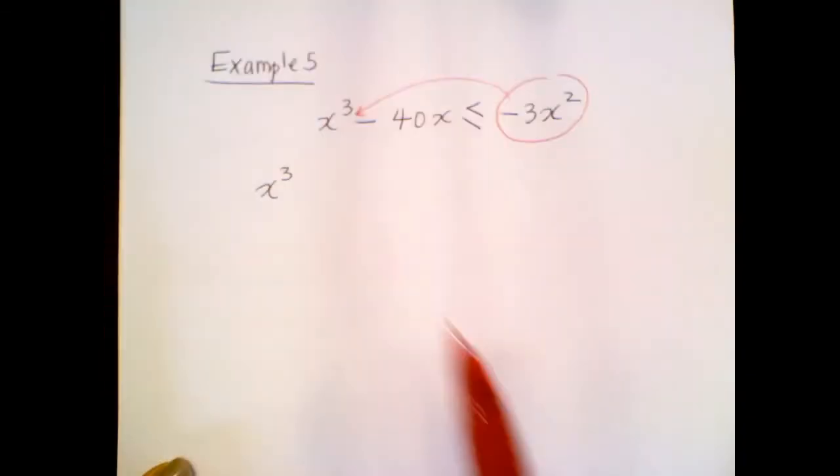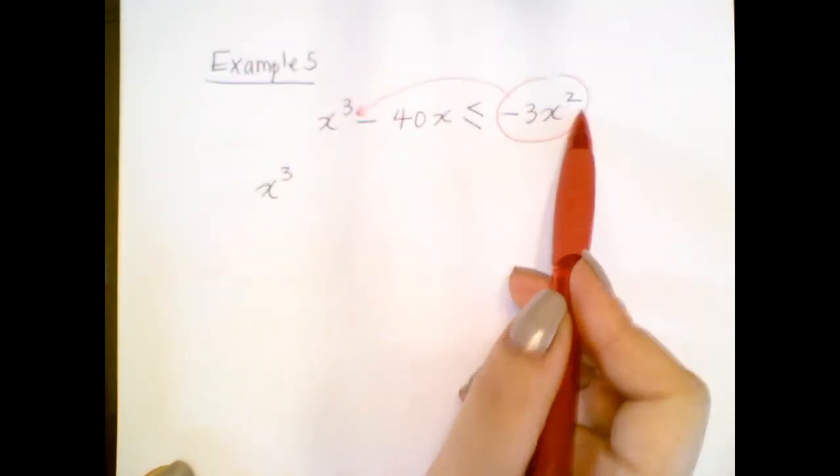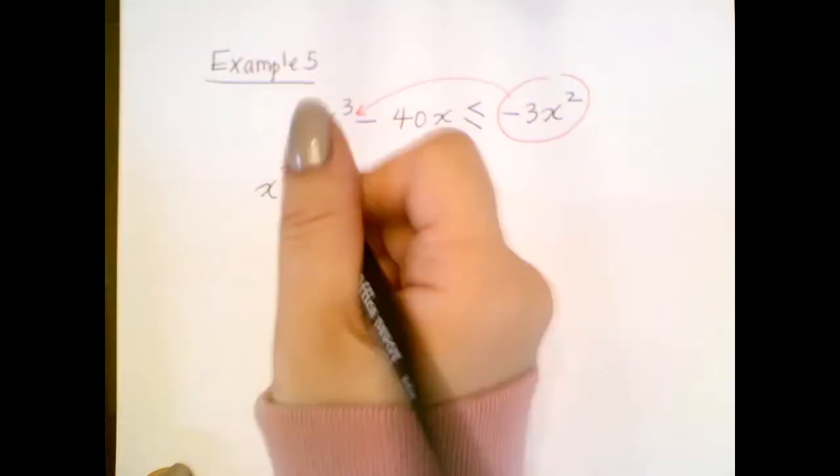You see why though, right? Because this is x to the 3rd power. This term will be x squared, and that one just has x. So I'm going to have plus 3x squared in the middle. And then minus 40x less than or equal to nothing left here. So put 0.